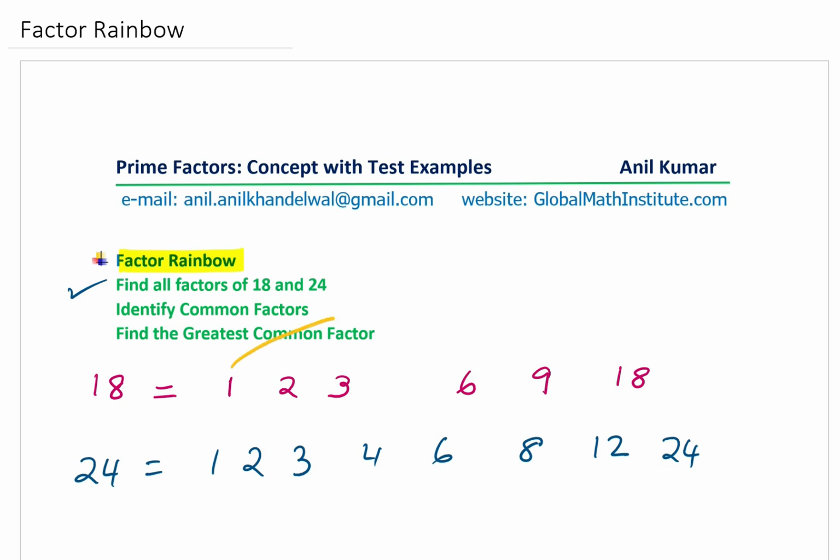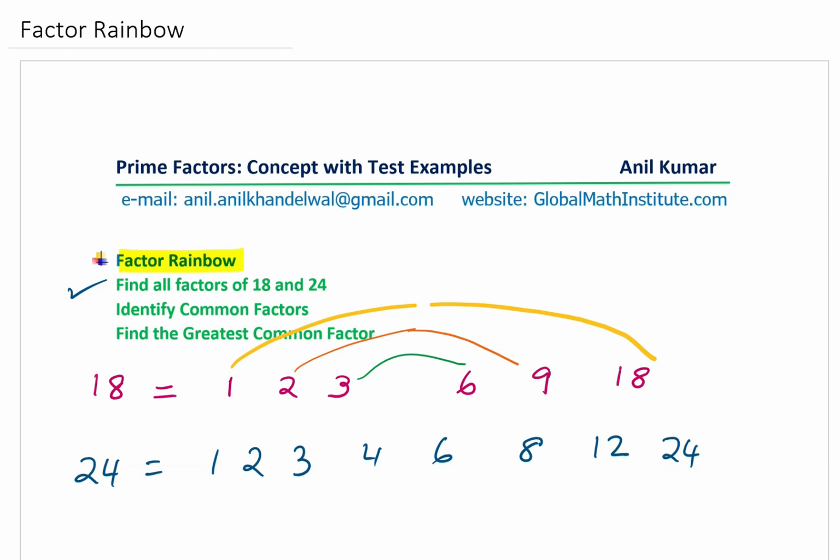Since if you connect them, you can actually form a rainbow. I'm not connecting it the right way, but anyway, this has to go to 9, right? So it forms a kind of rainbow, and that is how it gets named.